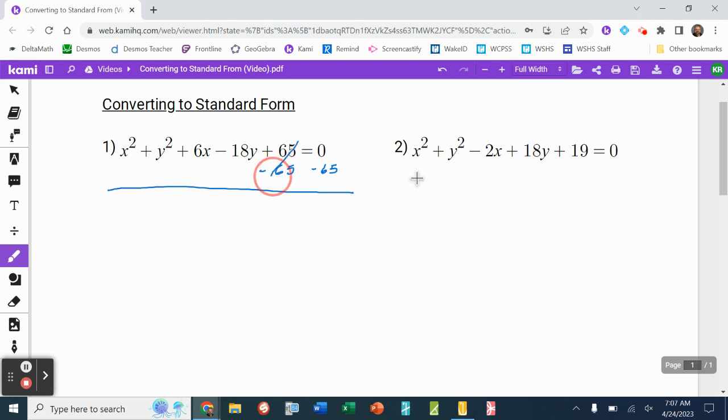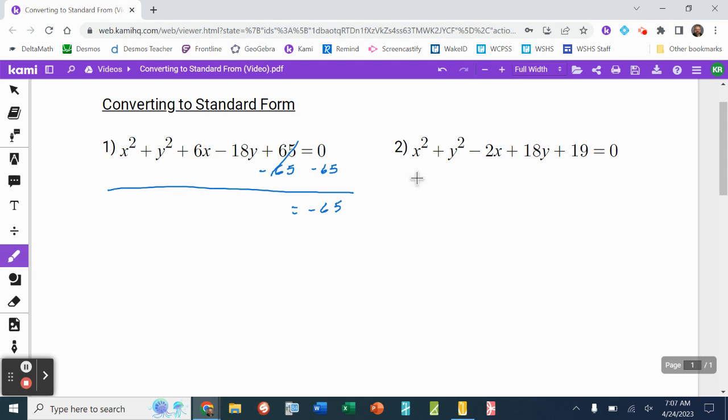And so on the left, those will cancel, and I'll have negative 65 on the right-hand side now. Along with that, what I want to do at this stage is I want to go ahead and group all of my terms that involve an x and all of my terms that involve a y together.